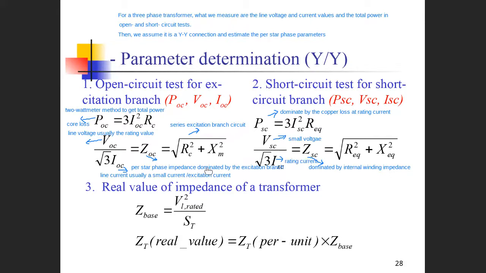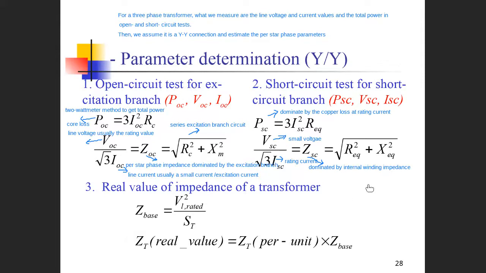So that's the difference. I just write down the difference between the left and right.